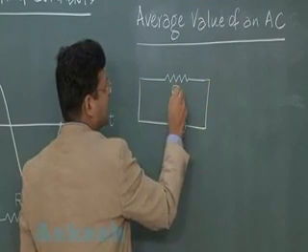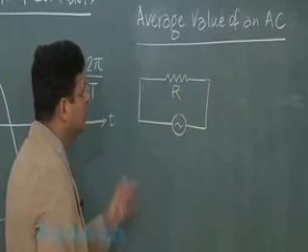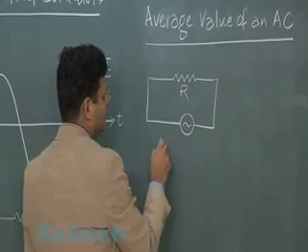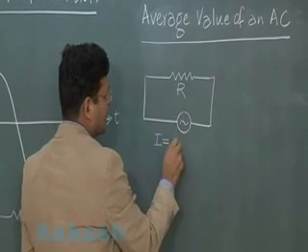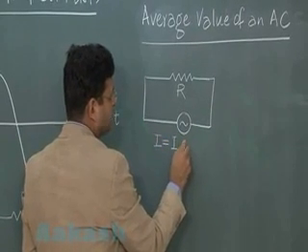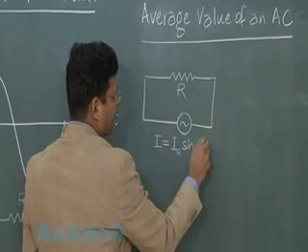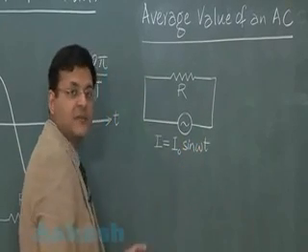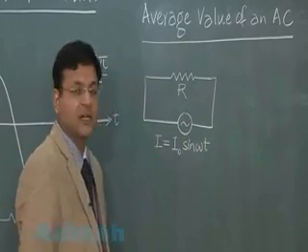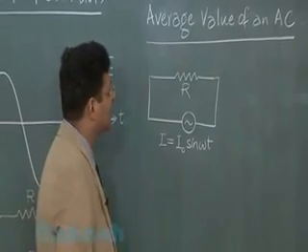Let us suppose the resistance through which the current is flowing is R. The current which is flowing here, imagine that this is given as I naught sine omega t. This I naught is the peak value, or you can say magnitude of the current which is flowing in the circuit.